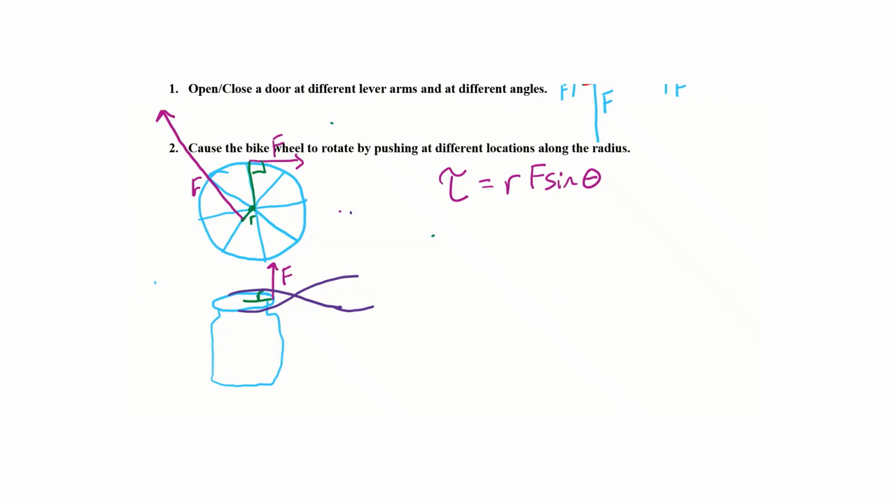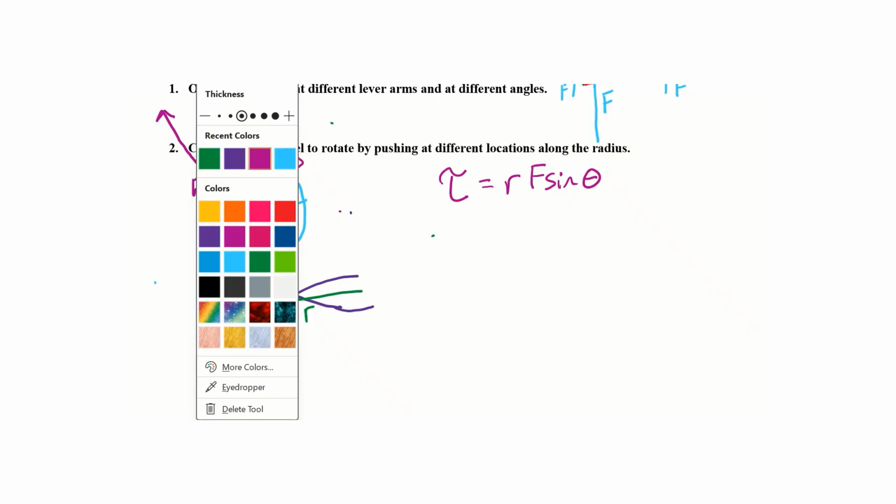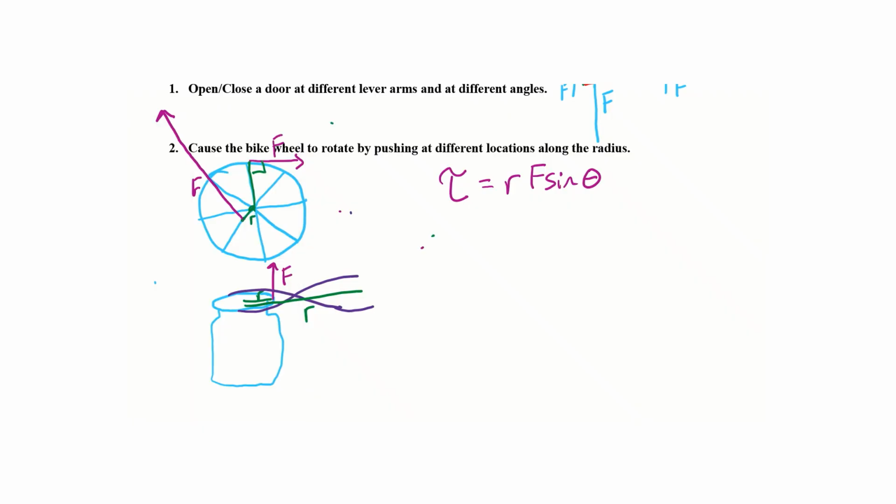If I'm using the handle out here, you can see the lever arm gets very big, and as a result, I can exert a smaller force to open or close the jar. So if I'm unable to open a jar, I could grab a pair of pliers and I would be able to, not because I can exert a bigger force, but because I can use a greater lever arm to exert the same force to cause rotation.